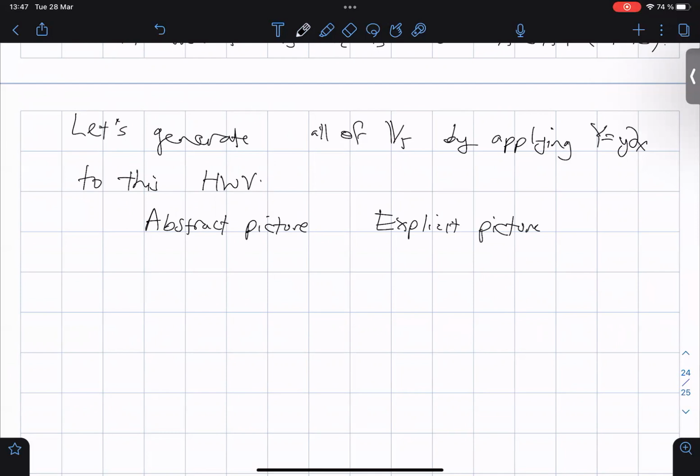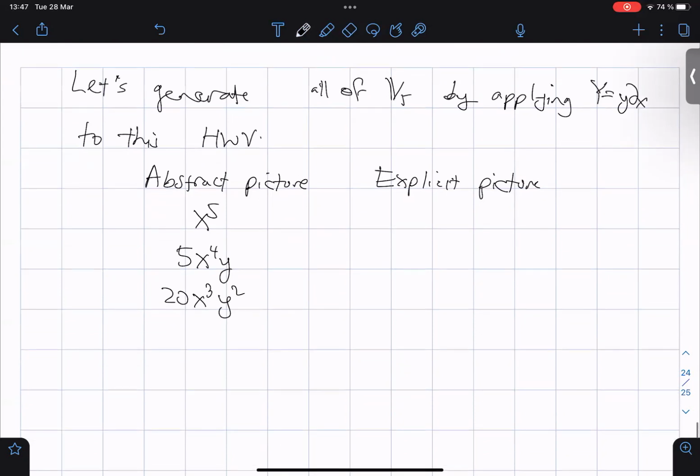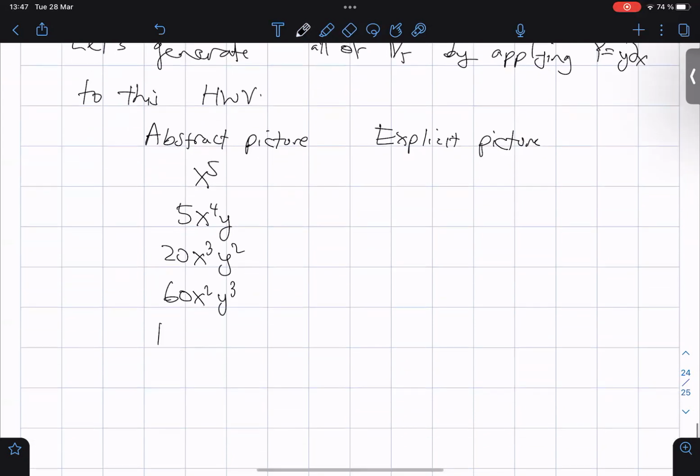The abstract picture is just this V5. So you have x to the 5. Let's apply y to it. We differentiate, so we have 5 x to the 4, but then you multiply by y, since we're applying this. You keep going, and keep going.